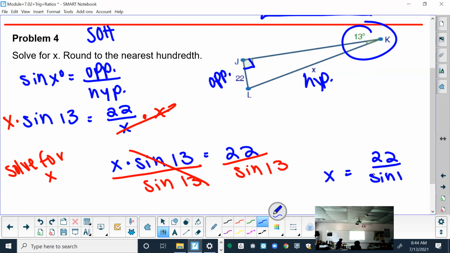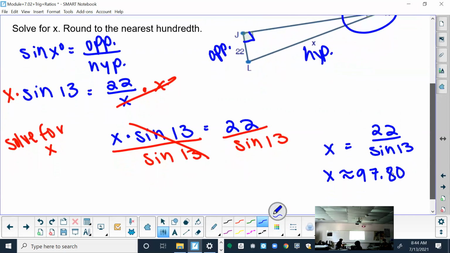Then just enter it all at once. If you put it in the right way, your calculator should have given you a number which makes x about 97.80 units, if we're rounding to two decimal places.